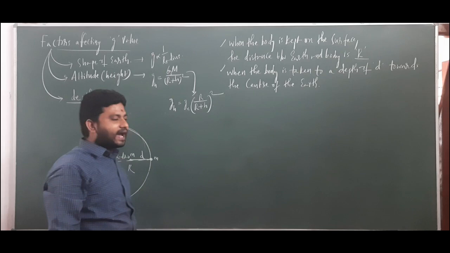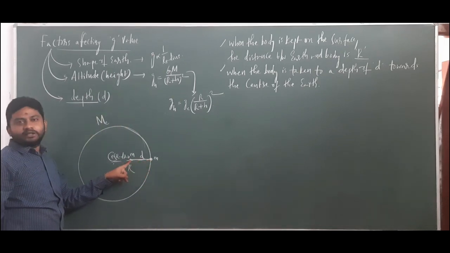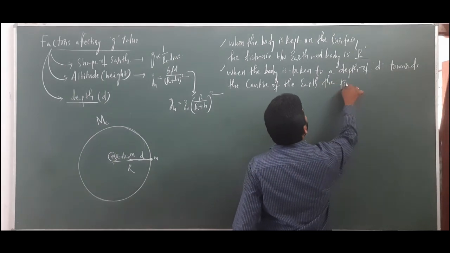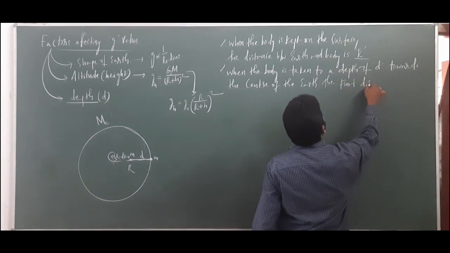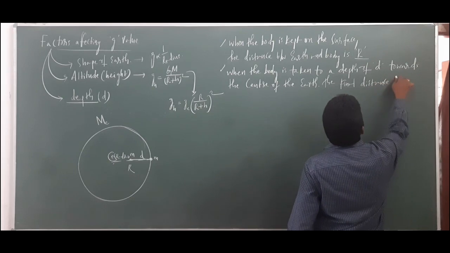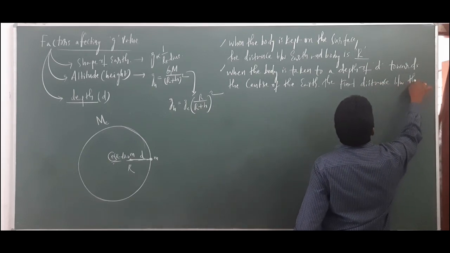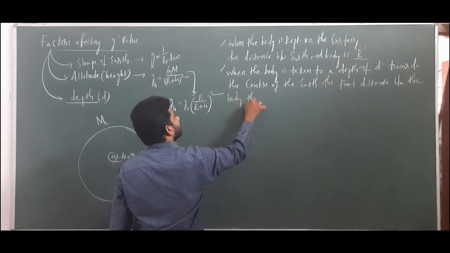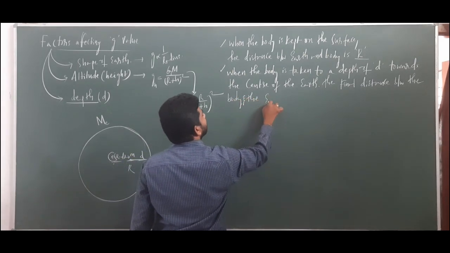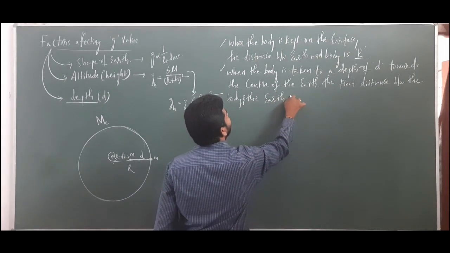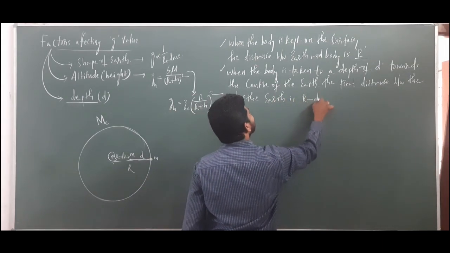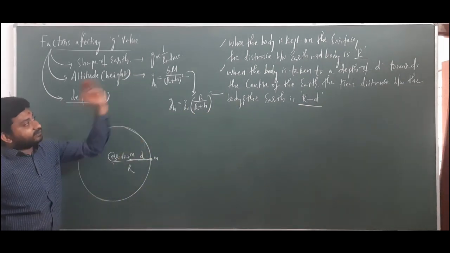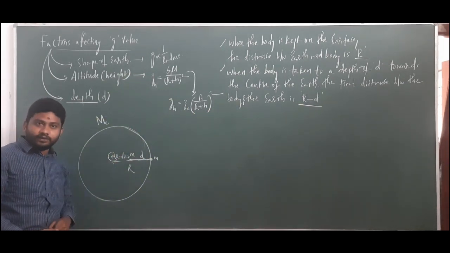Towards the center of the earth, I have taken the body to a depth d. Now the final distance between the body and the earth is R minus d. So this is an important point. Why we have written this point, you will understand later.